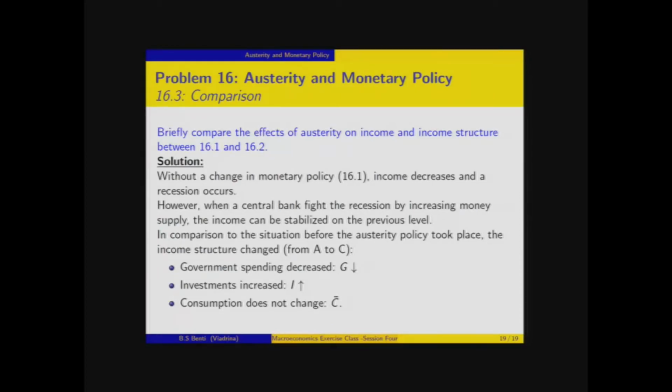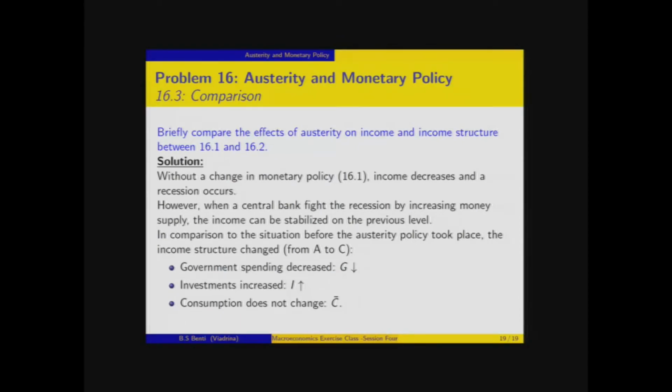Without a change in monetary policy, at 16.1, income decreased and a recession occurred. However, when the central bank fights the recession by increasing the money supply, income can be stabilized at the previous point. In comparison to the situation before the austerity policy, the income structure changed from equilibrium A to C. Government spending decreased, investment increased, and consumption remained constant.